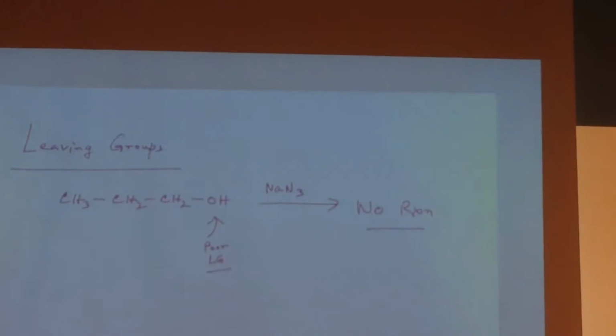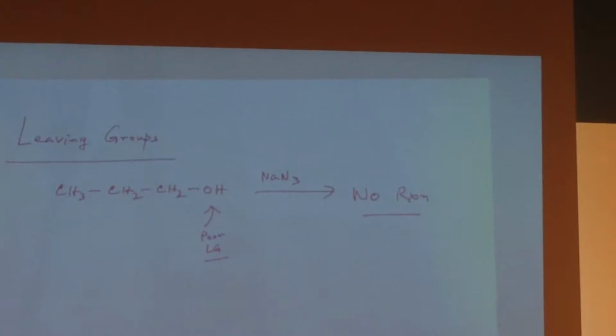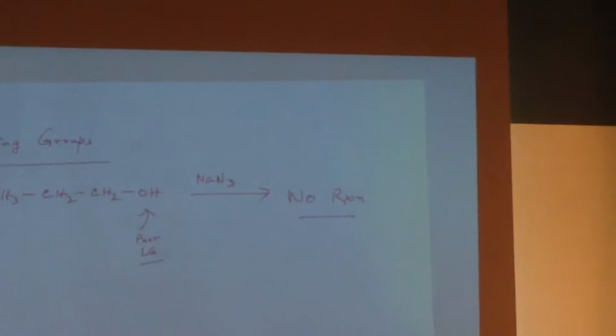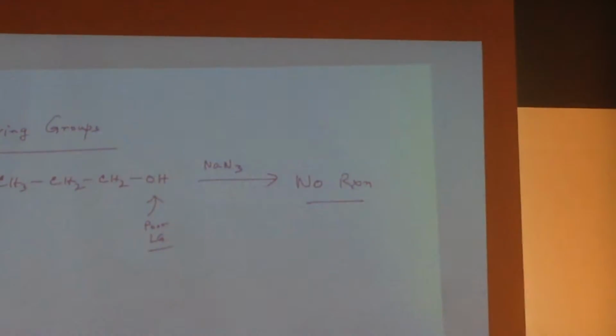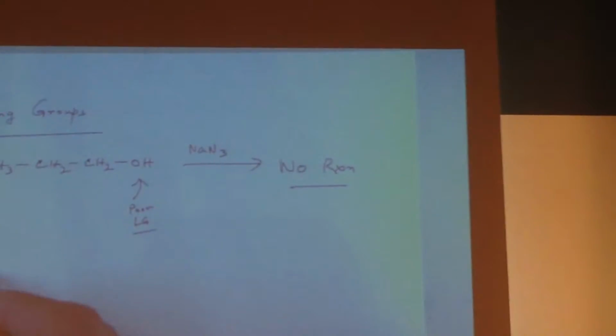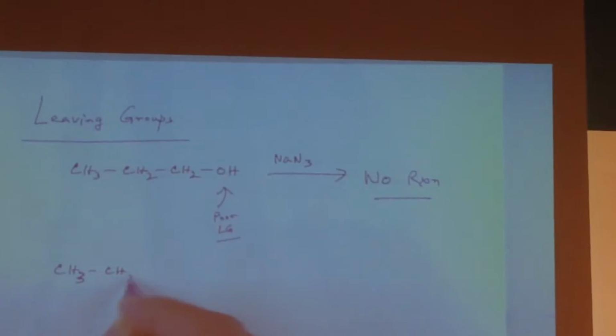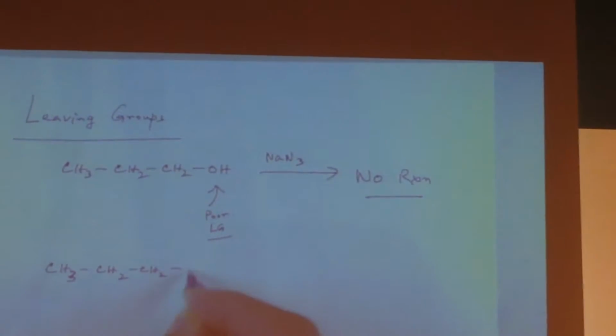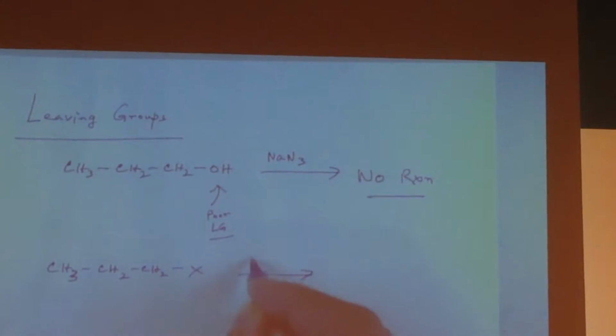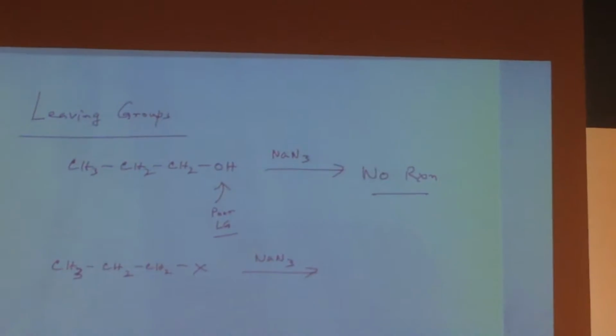And also we have seen that, in fact, if you use the halogens, there is a clear distinction between the type of halogen that we use. So let's assume that you have used one of them.